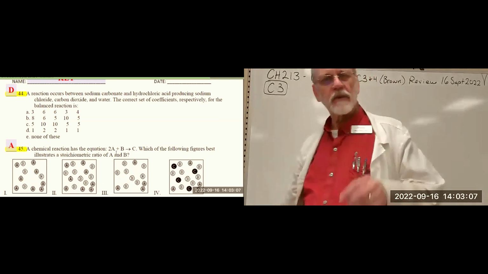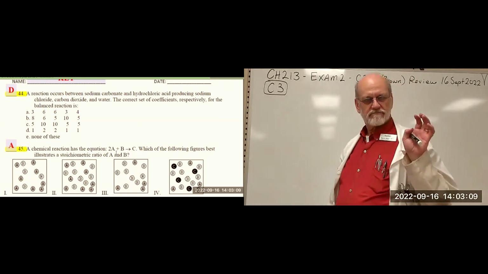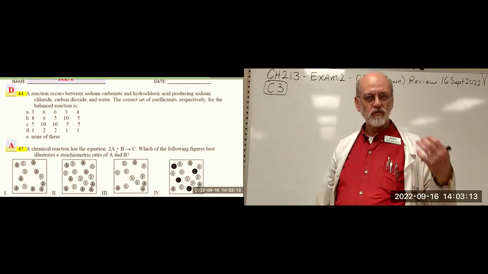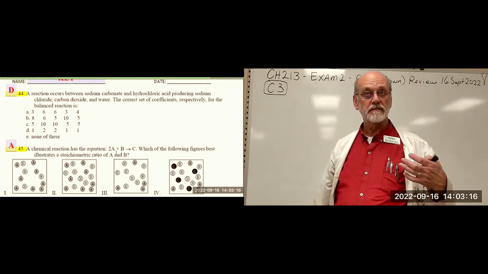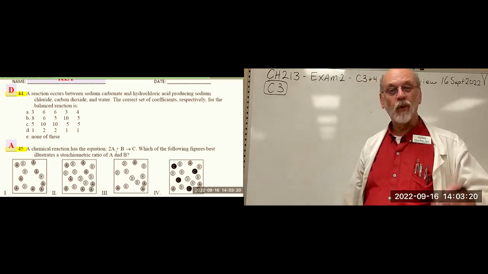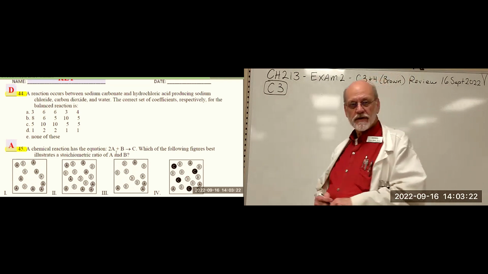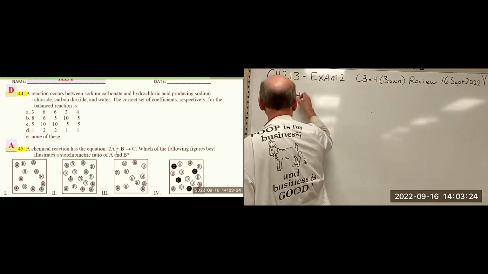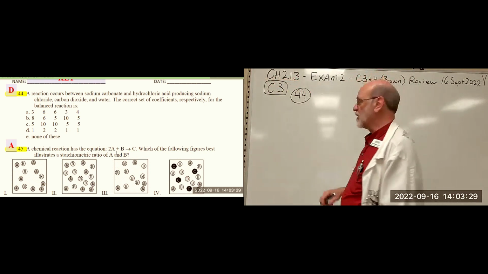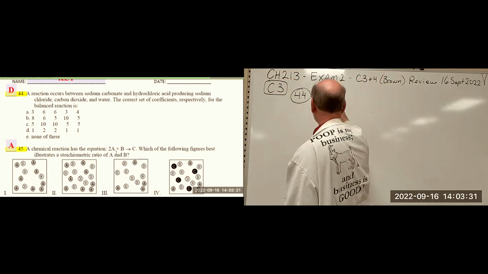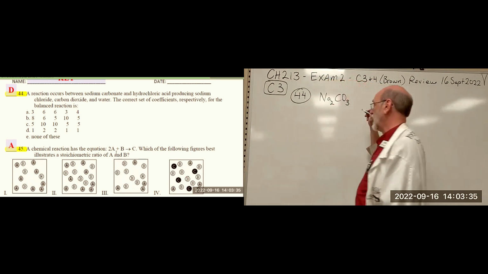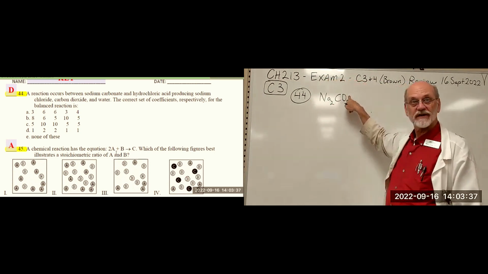Number 44, balancing this reaction requires that you write out the chemical formulas and the reaction equation from a word problem. So I'll set it up for you. 44, sodium carbonate. Why do I have 2 here? Because that's a 2 minus charge.